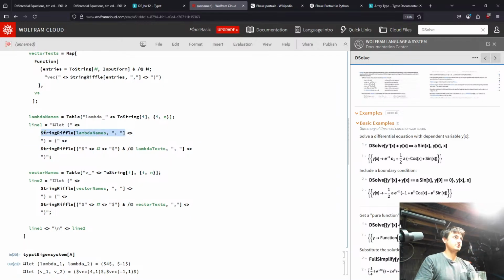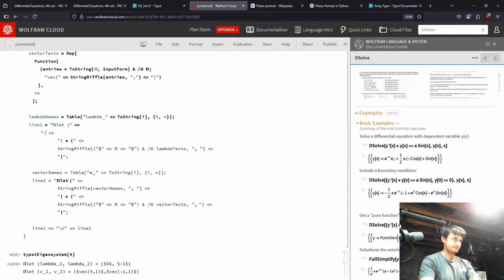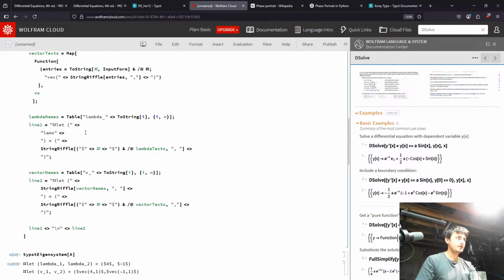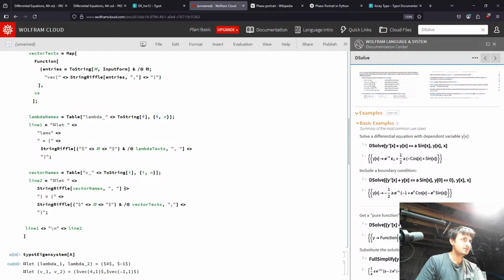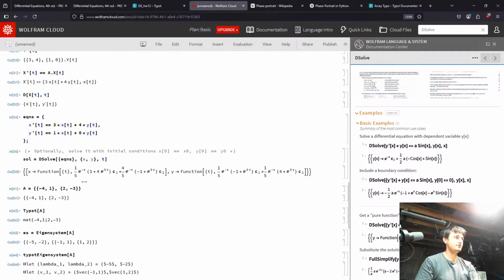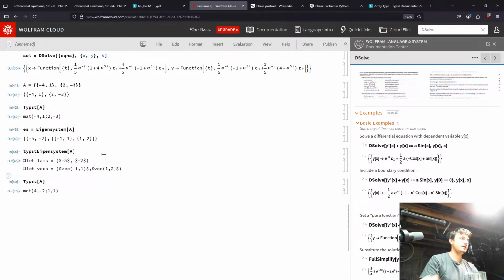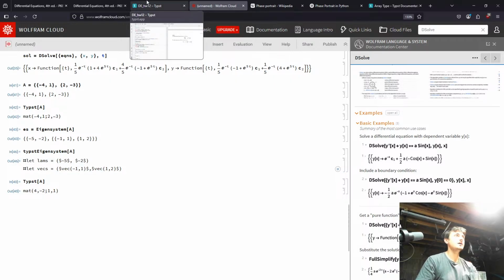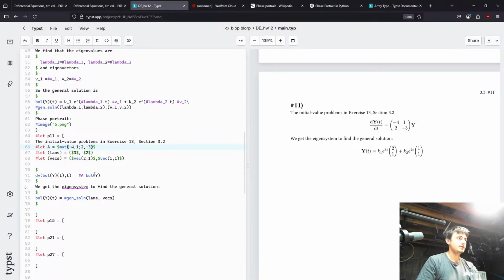Instead of this, we're just gonna get lambs, and I think we can get rid of this and this, and then we can get rid of this, and this is just gonna be vex, and then we can get rid of this. Okay, so let's try that again. Now we can get Typst eigensystem of A, let lambs vex. All right, good. Now we're starting to get somewhere with this thing.